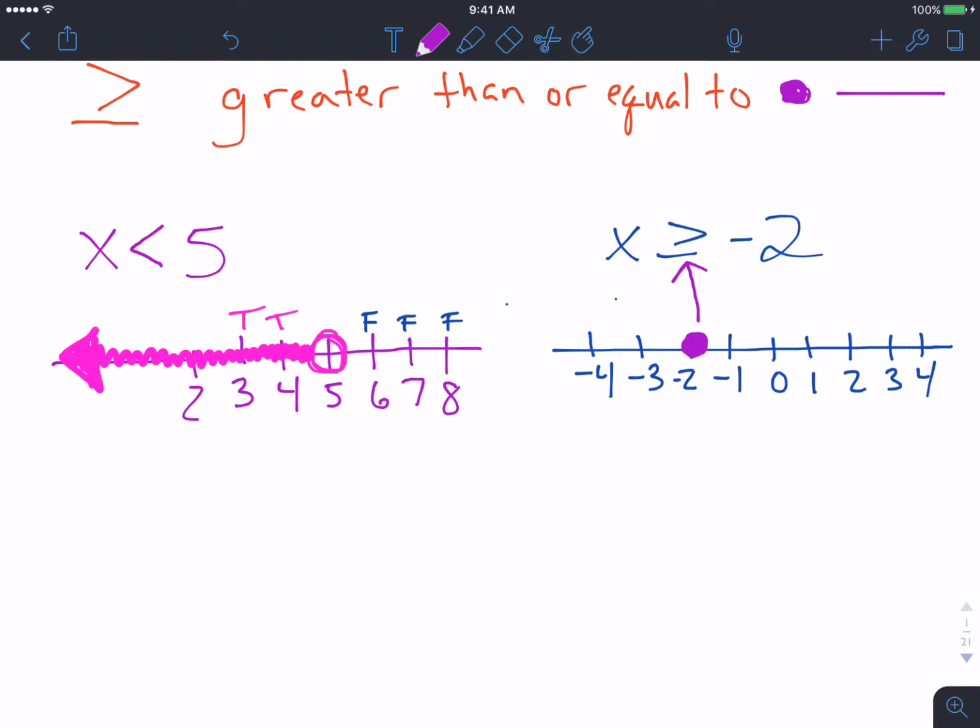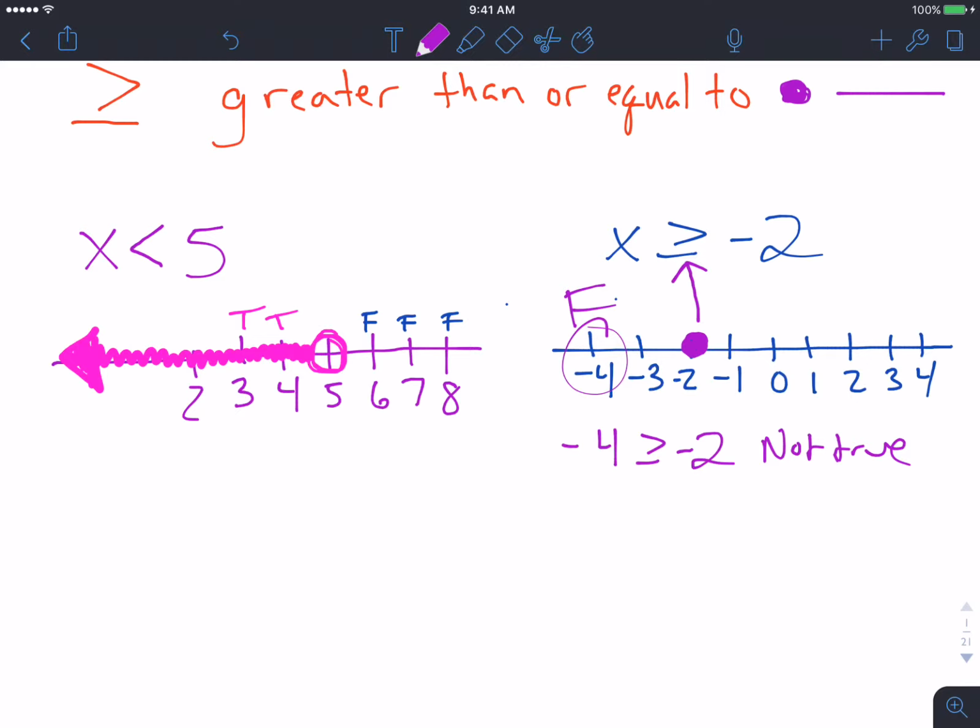Now to decide on what side to shade, I'm just going to pick a point. If I say, okay, -4, is -4 greater than or equal to -2? Ask yourselves, would you rather owe your dad $4 or $2? Clearly the answer is $2. So this is actually not true. It is false.